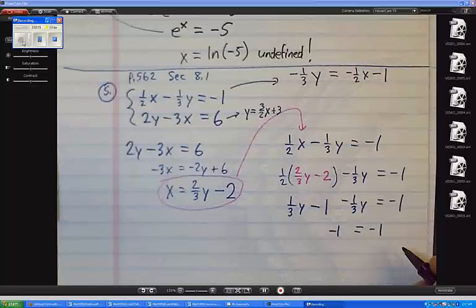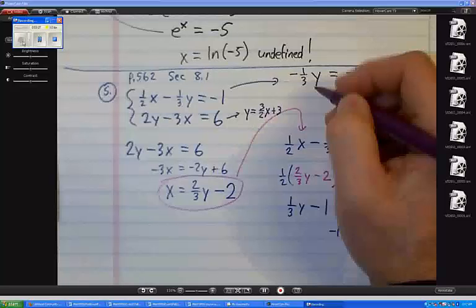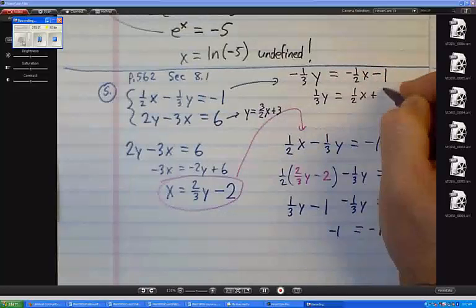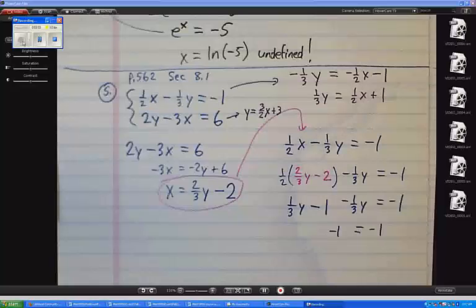All right? And if I don't like all those negatives, I could just multiply everything by -1. So I'll do that. 1/3 y is 1/2 x plus 1. Yeah, I'm just doing it a step at a time. You're right. You could just divide by -1/3 and you're all set.